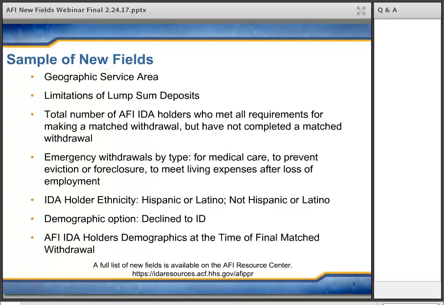So you're actually only going to have 7 people reported in E2, and that's because we don't have that unknown field anymore. So if you don't know it because it wasn't collected before, then you don't report it. So if 100% of your people report, then yes, those will equal your total IDA holders, and they'll be the same total for each of those fields. But if you have people who decline to ID, or unknowns, then you're not going to have the same number back and forth between all of your different demographic fields.